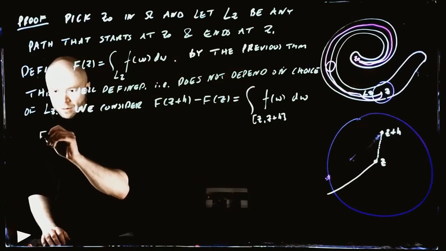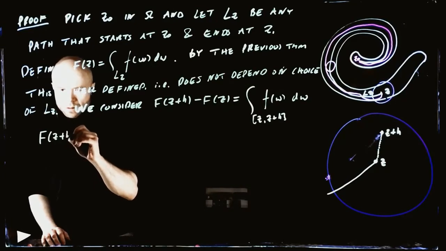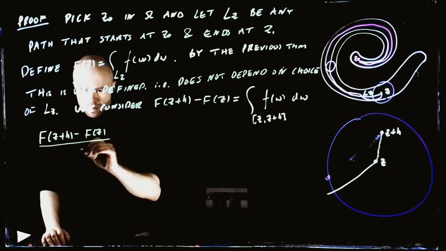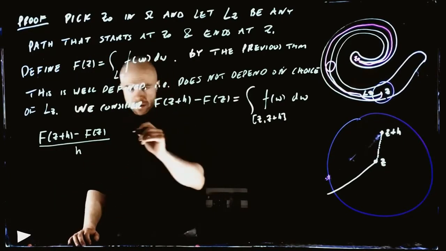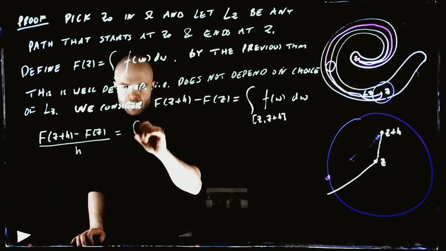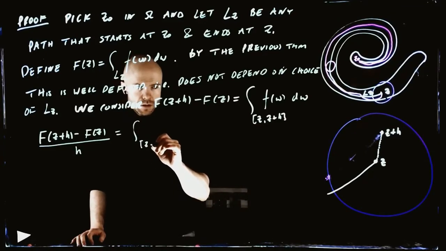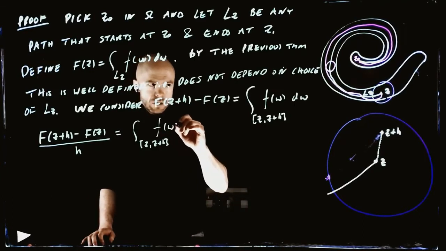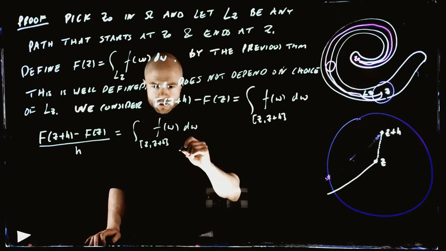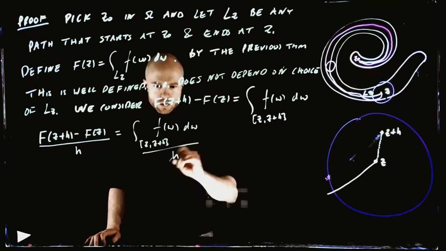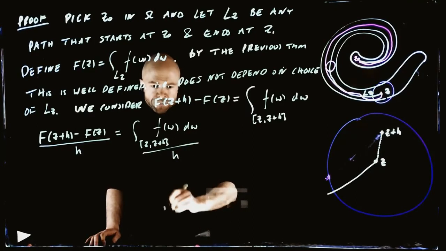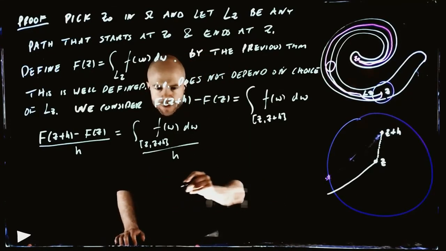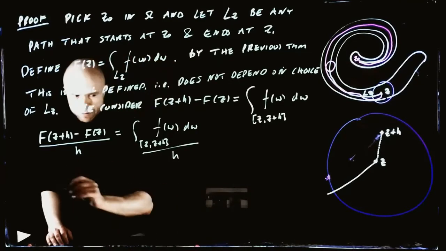If we just look at this expression, this is just given by this, over h, right? And as we look at this expression pretty closely, look at this.